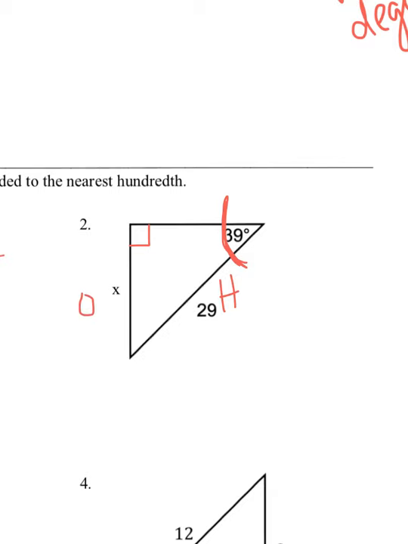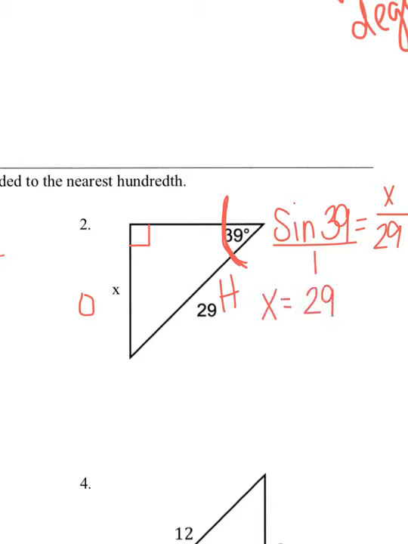So if you look in SOHCAHTOA, the trig ratio that uses O divided by H is sine, right? So the sine of 39 degrees is equal to opposite, which is x, divided by the hypotenuse, which is 29. Put this over 1, cross multiply, 1 times x is x, equals 29 times the sine of 39.